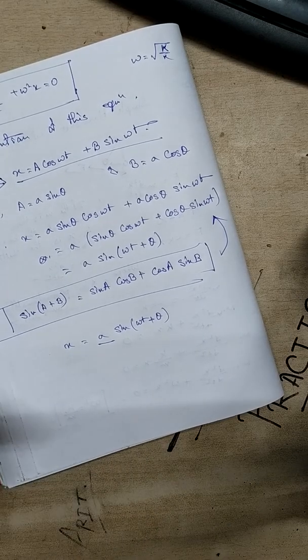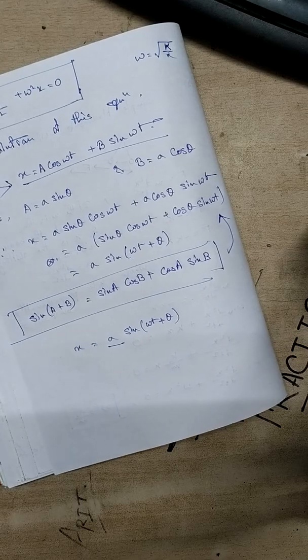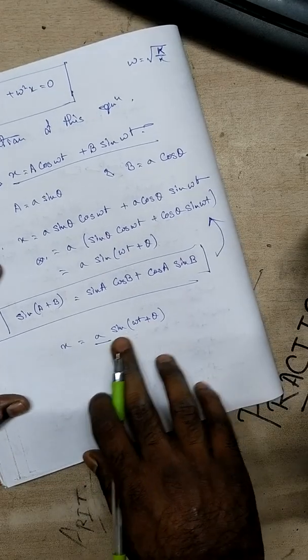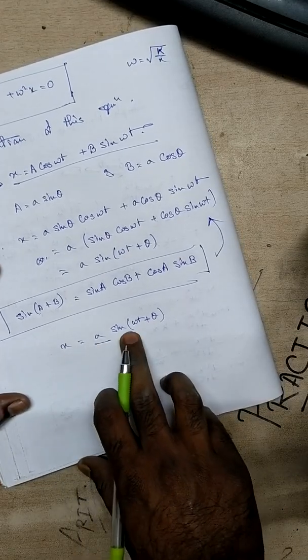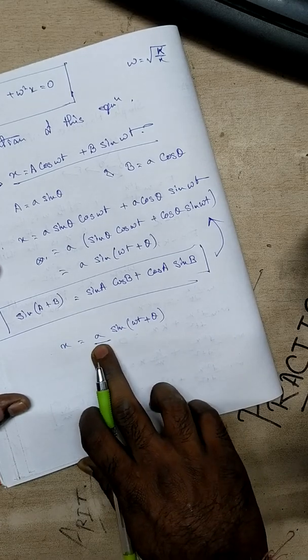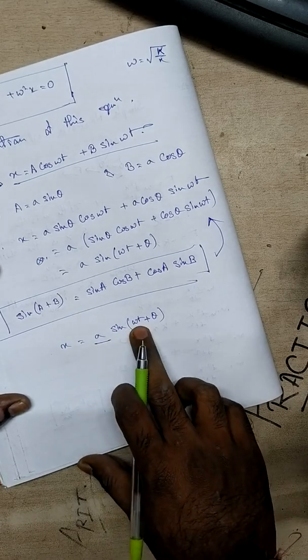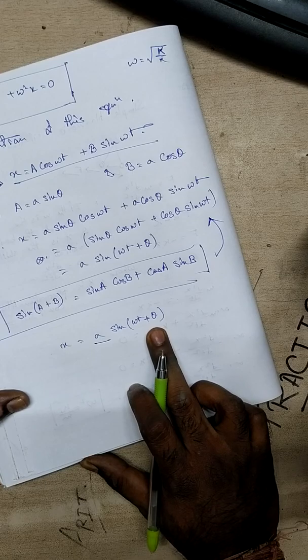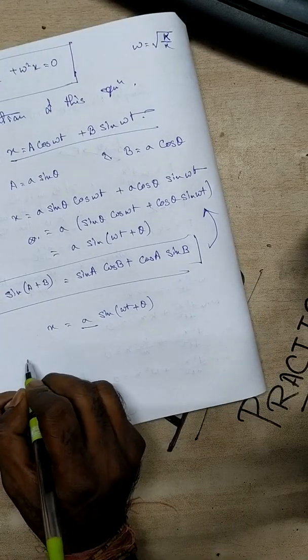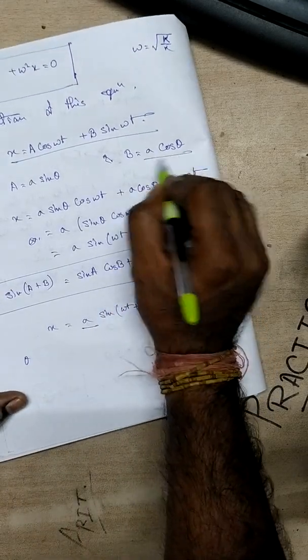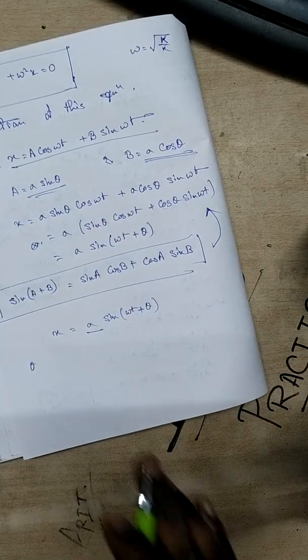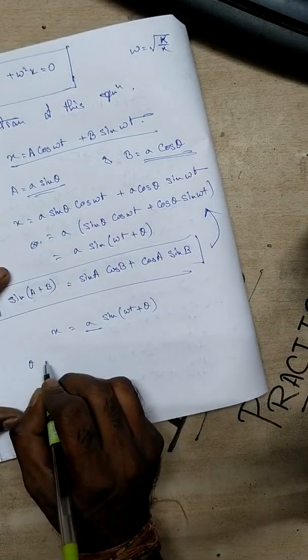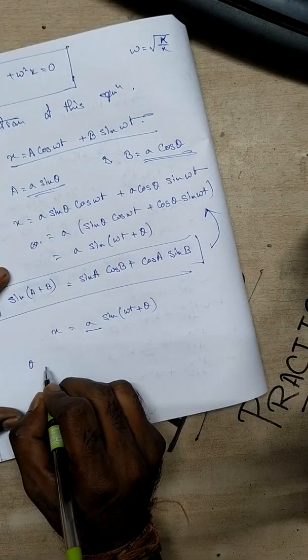Which bodies follow simple harmonic variation? x is the position of this body, omega is the frequency of this body, A is the amplitude, t is the corresponding time obviously, and theta is the phase angle. Okay, now we choose an angle from this one. This is a constant value. Obviously the phase angle is also a constant, that's why theta is a constant.